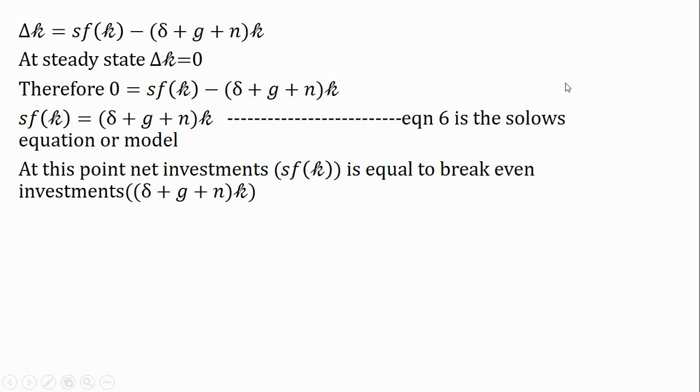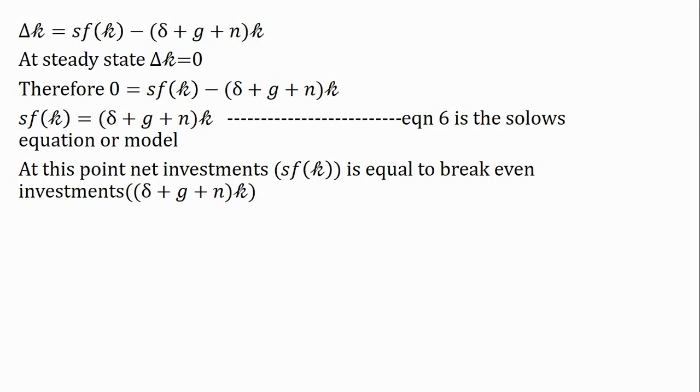Now, if you critically watched the first tutorial on the Harrod-Domar growth model, and you've also seen the Solow's growth model, you realize that both these models talk about savings as something that influences the growth rate of a given economy. The major difference is that in the Solow's growth model, they assumed that the factor inputs are subject to diminishing marginal returns, which was not assumed in the Harrod-Domar growth model.